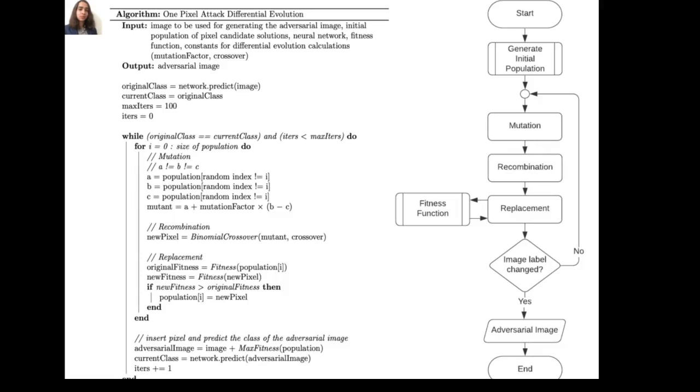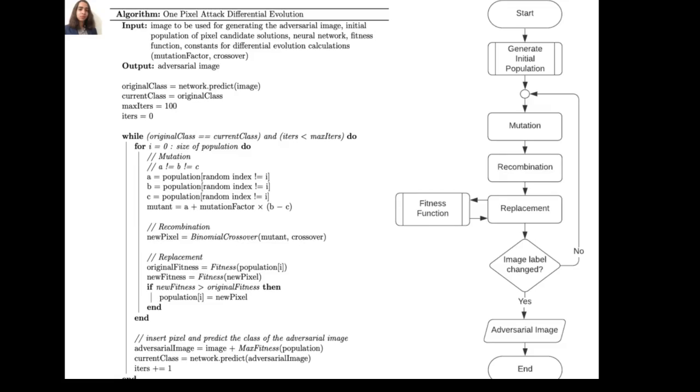So the gist of how differential evolution works is that you first randomly generate an initial population of pixels, and then you pass them through this evolutionary process where in each iteration, you select a few different pixels, you mutate them together, and you compare the mutated pixel versus the original pixel, and whichever one has a higher fitness is the one that remains in the population.